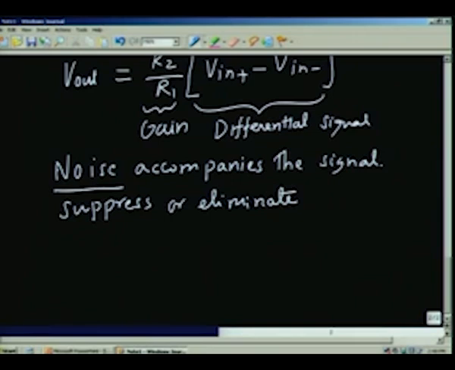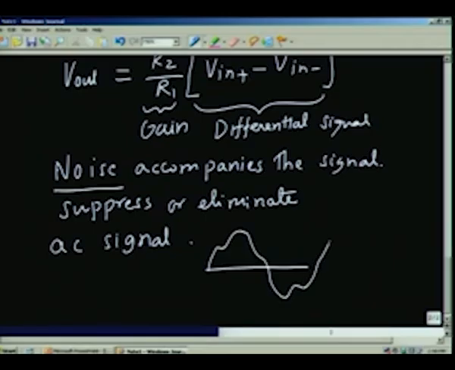I will take one or two simple examples only, because we do not have too much time to do that. Suppose we have an amplifier which is amplifying an AC signal. You know that an AC signal consists of some kind of a periodic signal like this, and it will contain all different frequencies. And you also know that we usually use a 50 hertz source.